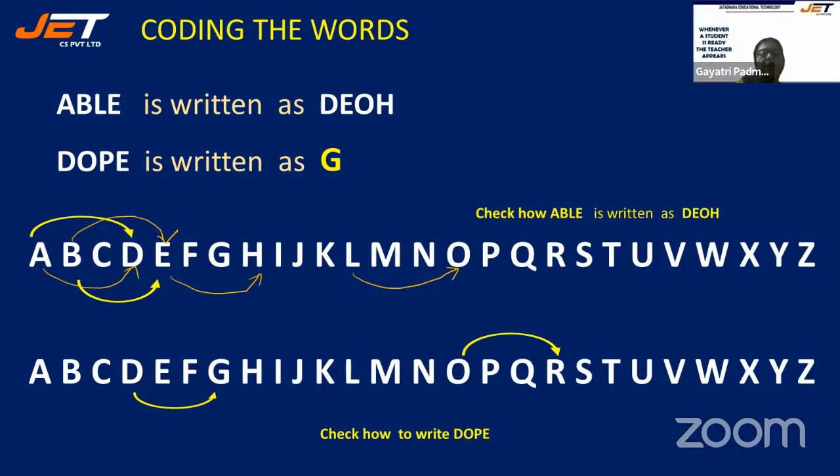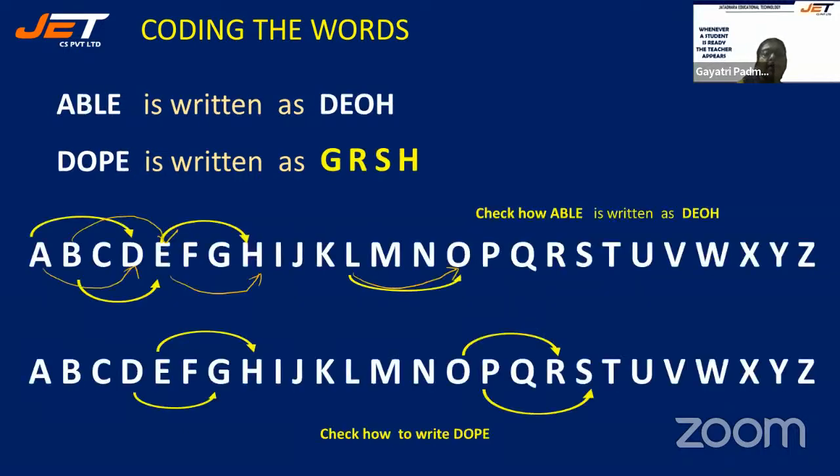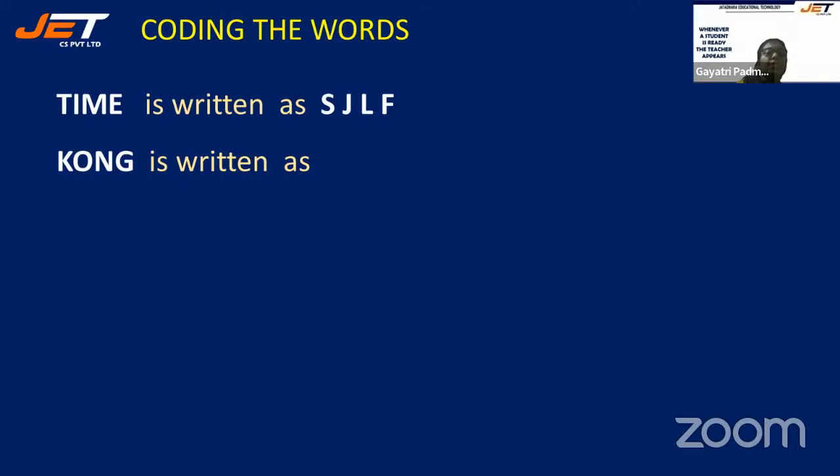So O should be written after leaving two letters, which is R. Next, L is written as O. So P should be written as S. Right? Next, E is written as H. Therefore, again E must be written as H. So your answer must be GRSH. All right? Fine.